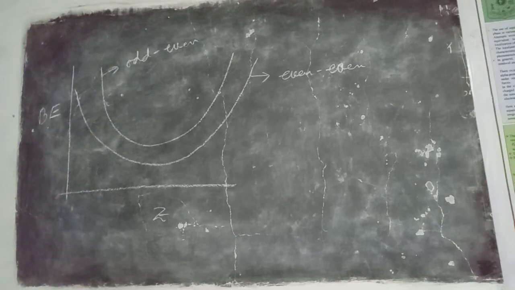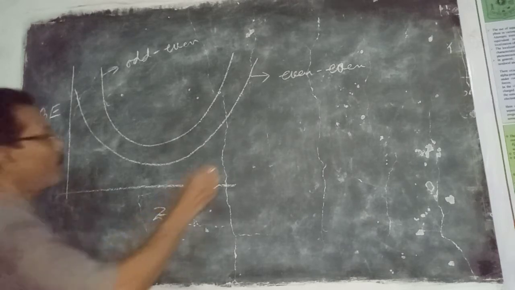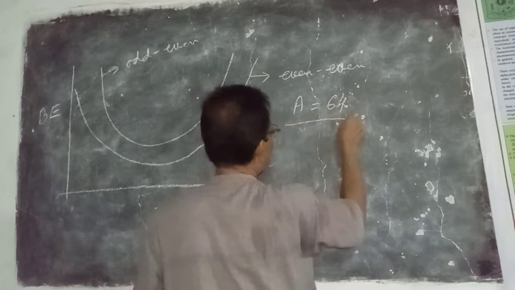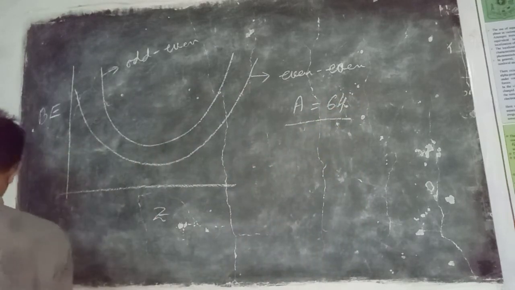Now, if we consider A equal to 64 in this case, suppose our A is equal to 64, then we plot.